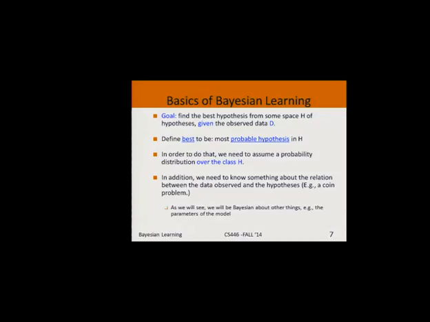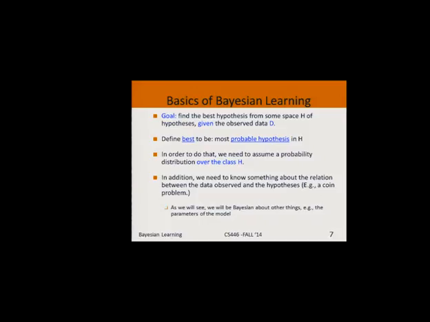In order to push in this direction, we will also have to have some notion of what's the relation between the data that we observe and the hypothesis, right? So think about the case of a coin. If you toss a coin many times and you want to be able to make a prediction, for example, what's going to be the next toss, you should have an idea of what's the relation between what you observe and the probability distribution of the options.